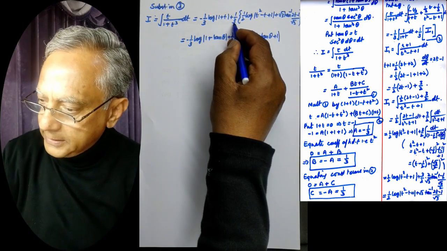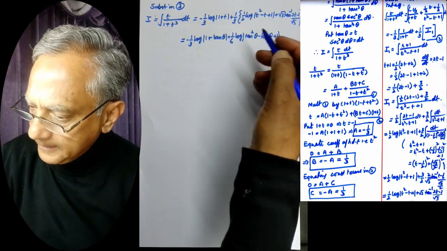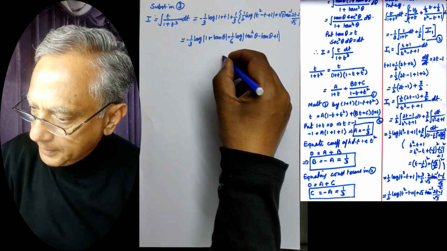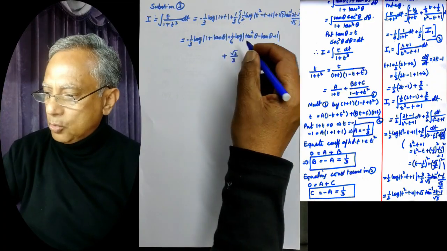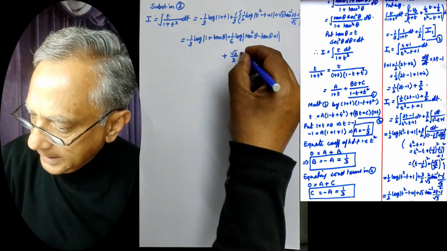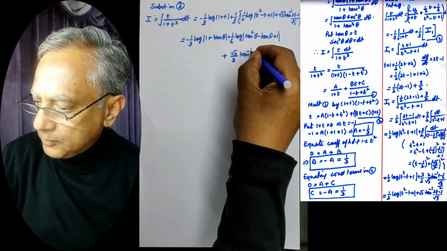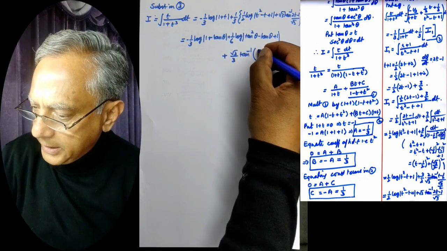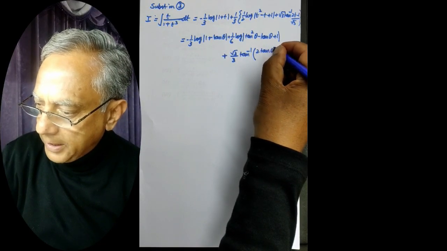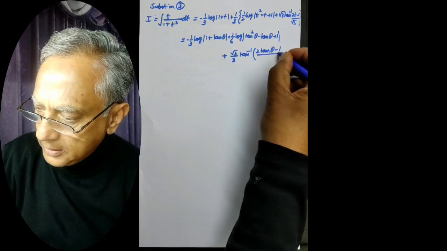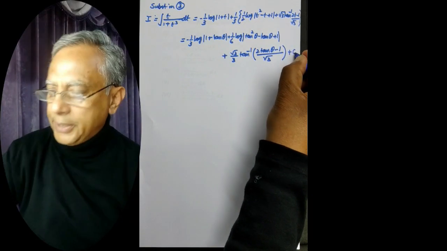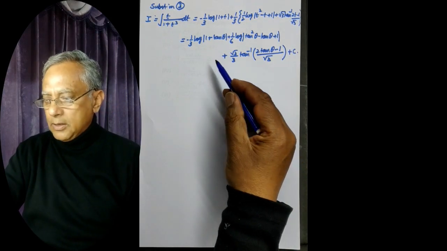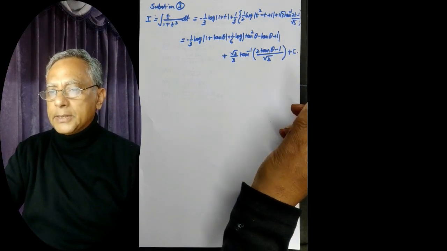And on opening this bracket, we will have plus root 3 by 3 tan inverse 2t, 2 tangent theta minus 1 over root 3 plus c. So this will be the answer.